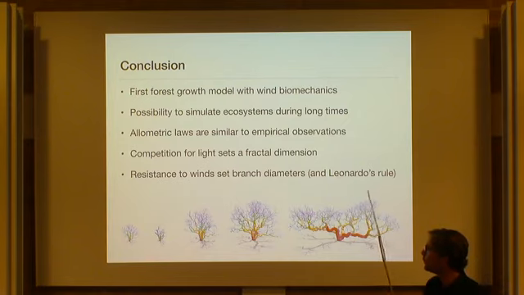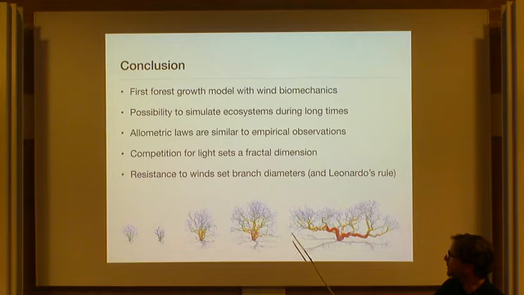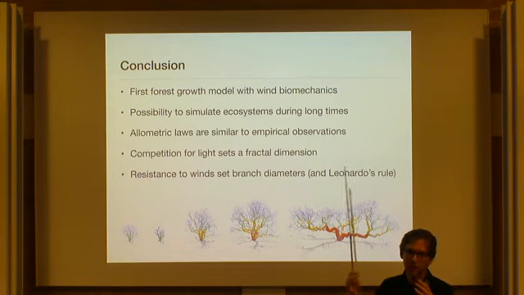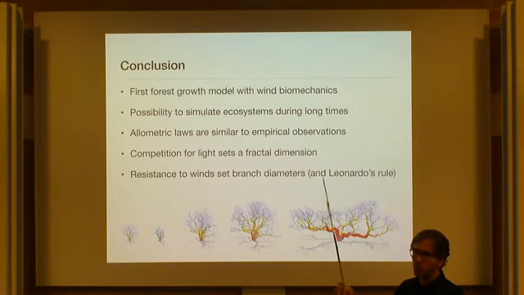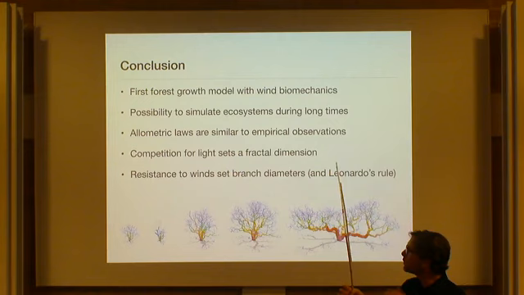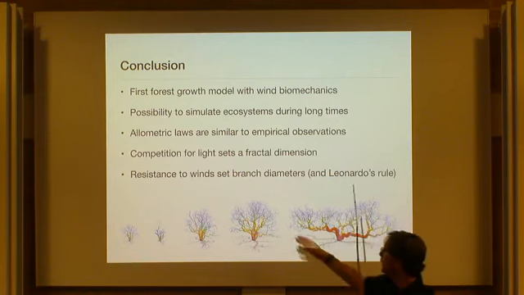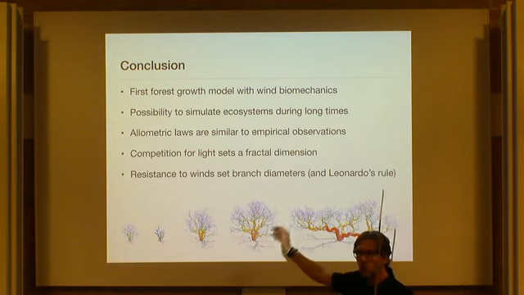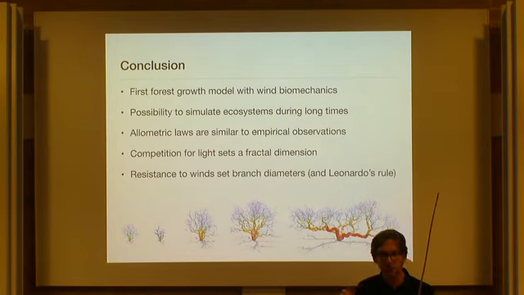And the message, as I said, is that fractal dimension, the way the tree occupies space, is mainly due to competition for light, the fact that you want to access light. And I didn't say it, but fractal dimension changes a lot when you change the transparency of leaves.